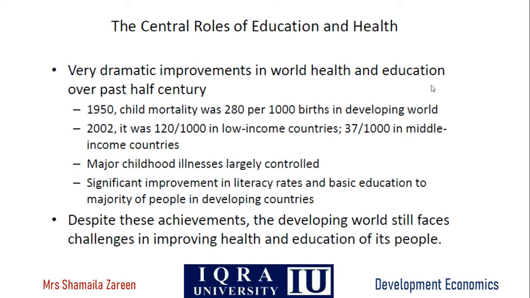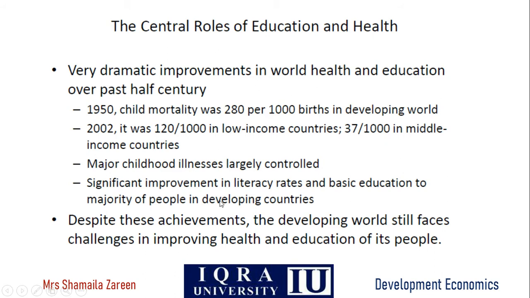Health and education may be distributed very unequally, just as income and wealth are. We know that in developing nations, we see very unequal income distribution. There have been very dramatic improvements in world health and education over the past half century. You can see here that in 1950, child mortality was 280 per thousand births in the developing world. It was very high, and in 2002 it remains 120, and then it went to 37 in middle income nations.